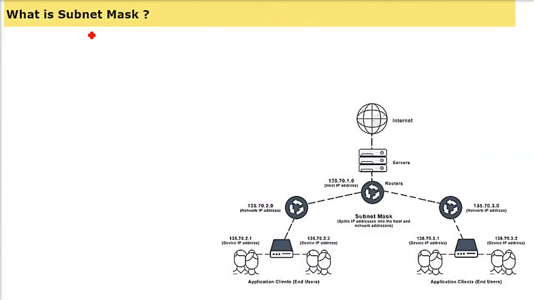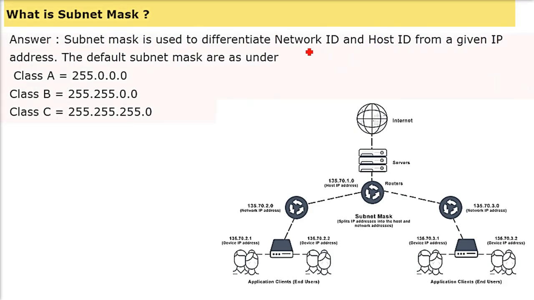What is a subnet mask? Now, the subnet mask is used for two purposes. First, it is used to differentiate between the network ID and the host ID. We will take an example of this. So we have 135.70.10 separated by dots.